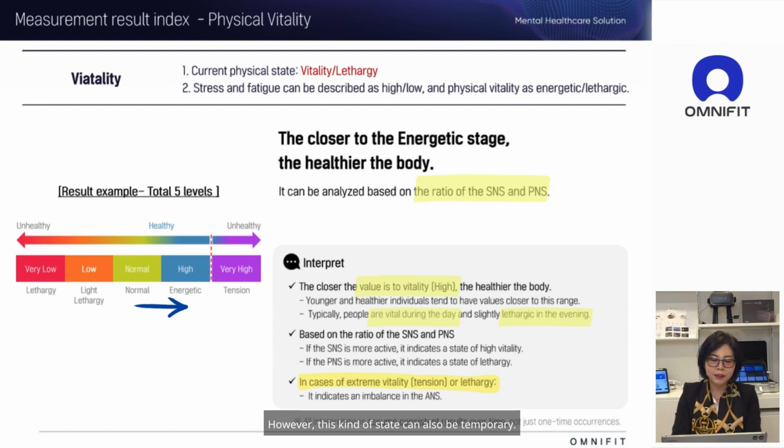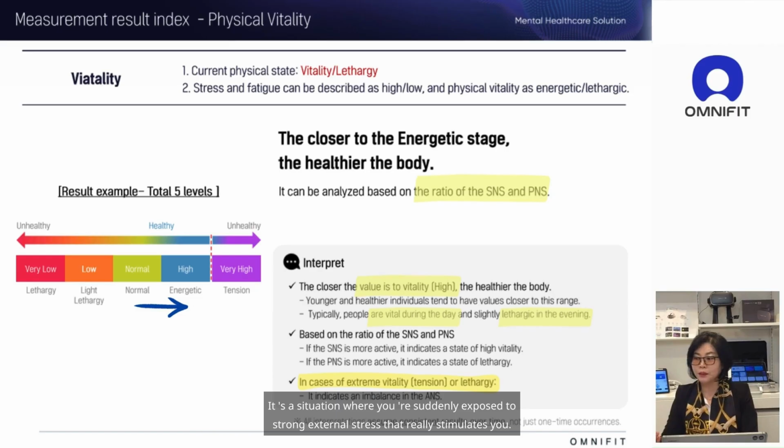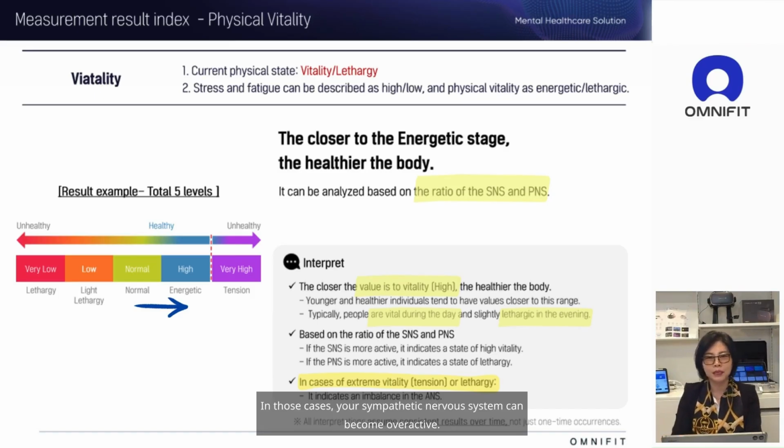However, this kind of state can also be temporary. For example, during exam periods. It's a situation where you're suddenly exposed to strong external stress that really stimulates you. In those cases, your sympathetic nervous system can become overactive.